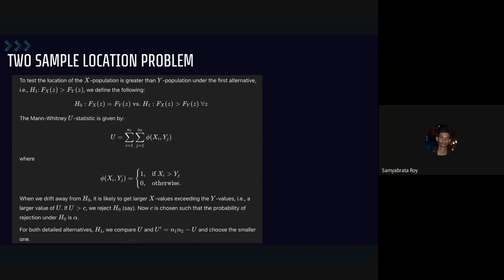Okay. For this, we're going to do the same thing: if the ith observation of x is greater than the ith observation of y, then I take a 1, otherwise 0, and finally I sum them up.